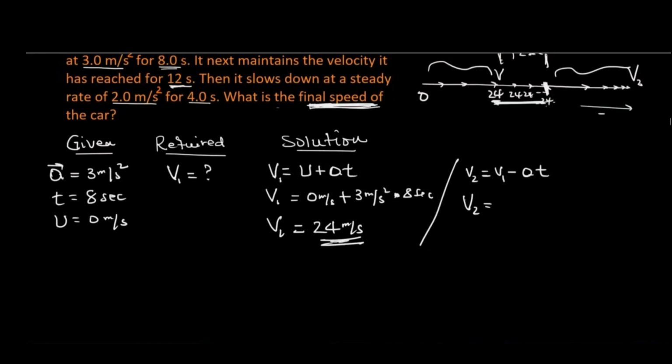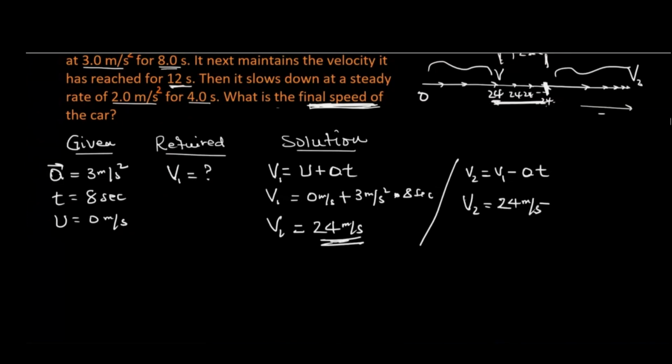So V1 is going to be the 24, okay. The final velocity of the first trip is going to be used as the initial velocity of the second trip, okay. So that's going to be 24 meters per second. Remember, this was the final velocity for the first trip, but now it is the initial velocity for the second trip, which is for the final one, okay.